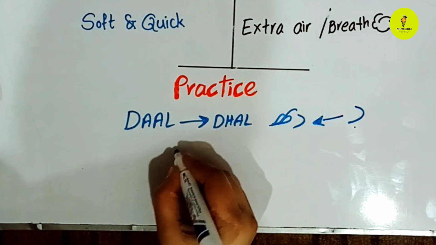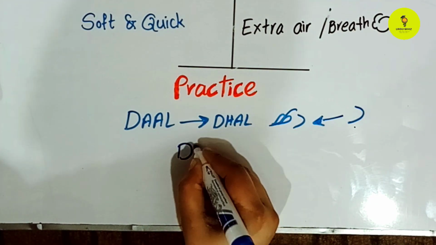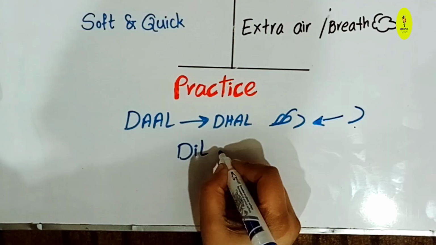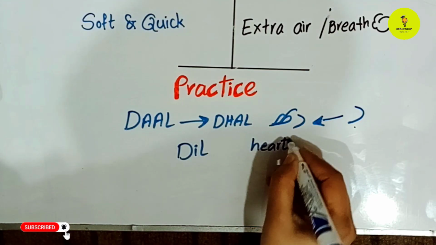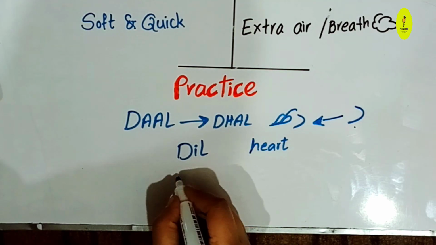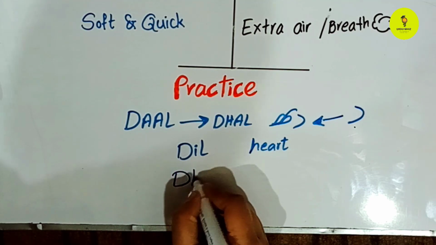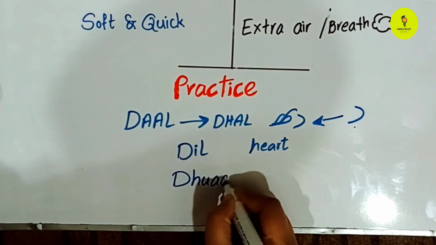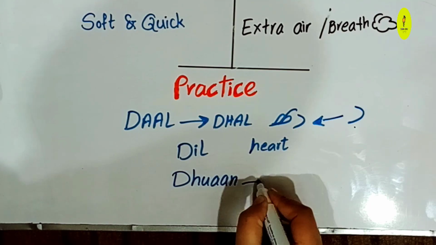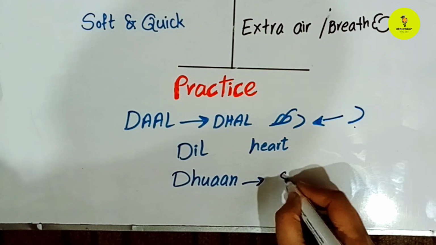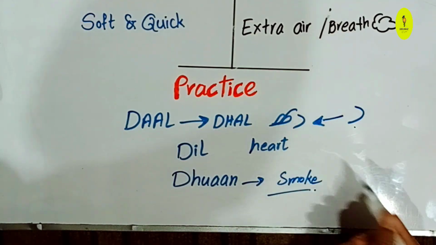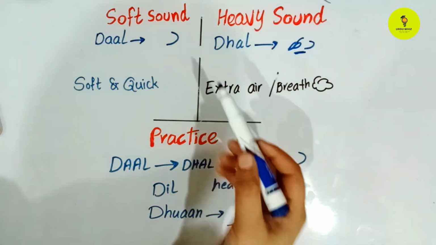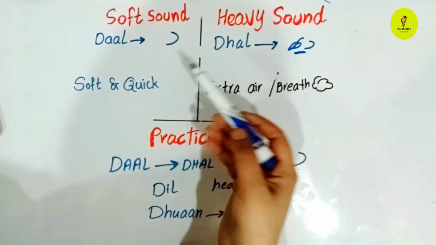Now we will write Dil in soft sound. It means heart, and Dhua in hard sound, and that means smoke. Now you can feel the difference between the soft sound and heavy sound of daal.